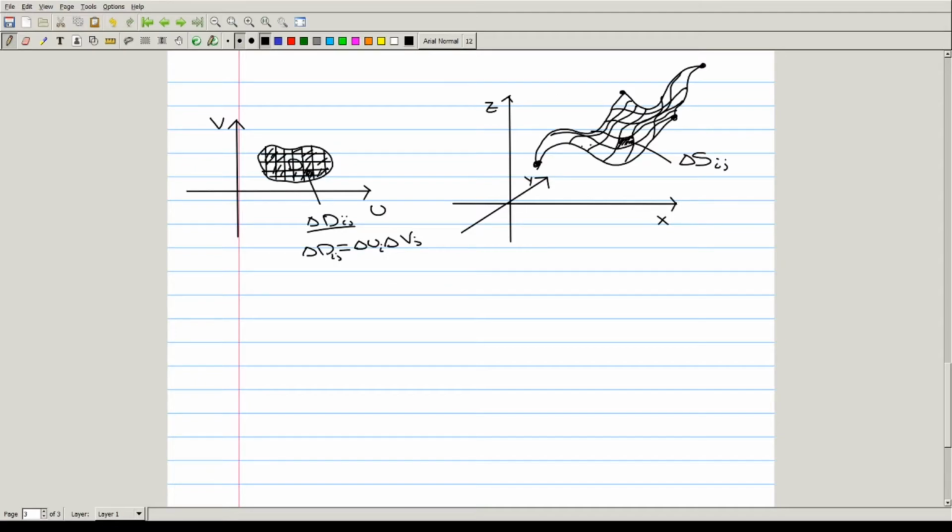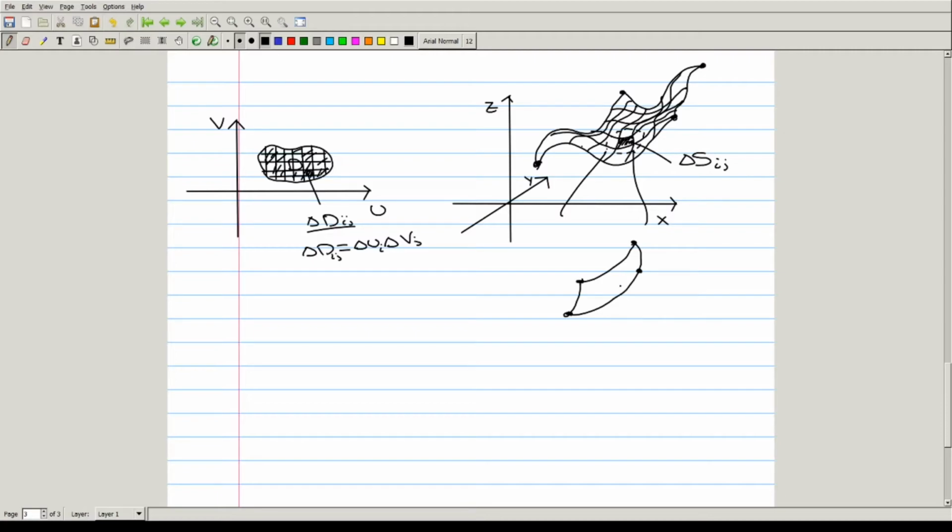The main idea here, if we consider this small patch, is to think of the following. We'll zoom in on this small patch right here. The actual surface itself is curving up on that very small patch, delta Sij. We're not going to get the exact value of the surface area here because of this curving.